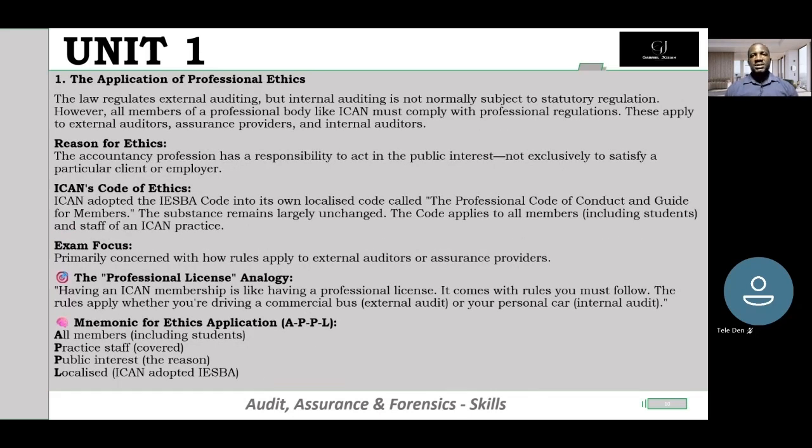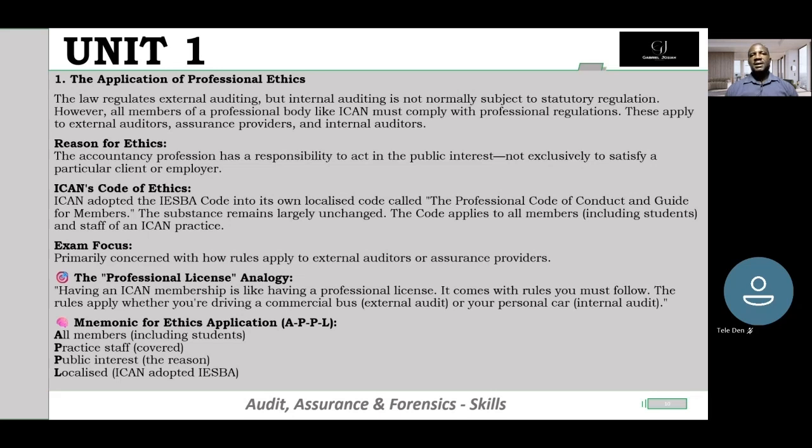It's because the accountancy profession has a responsibility to act in the public interest, not exclusively to satisfy a particular client or an employer. You see, this is what distinguishes us from a trade, our ethical conduct and acting in the interest of the public.